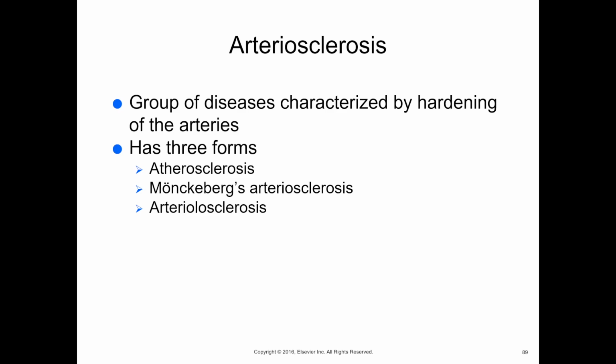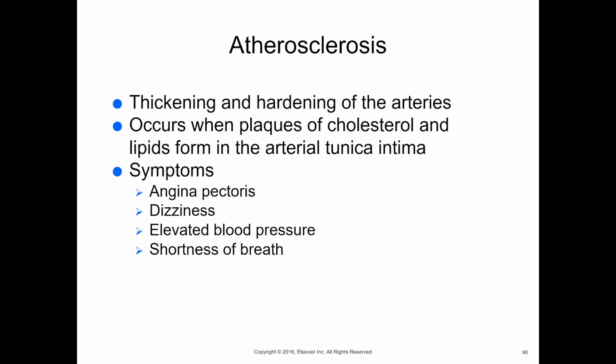Monckeberg's arteriosclerosis is sometimes termed medial calcific sclerosis. That involves the tunica media only. So there's destruction of your muscle and elastic fibers that are replaced by calcium deposits. You can commonly see this in people that have it, in their hands and feet on x-rays. It's rather interesting looking.